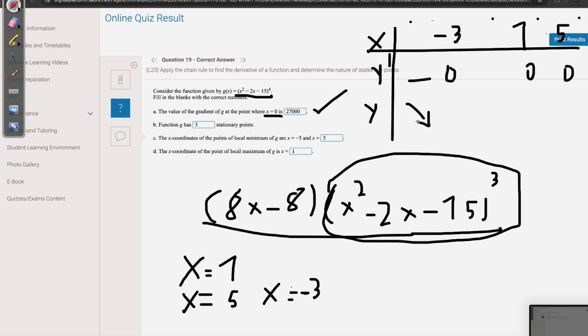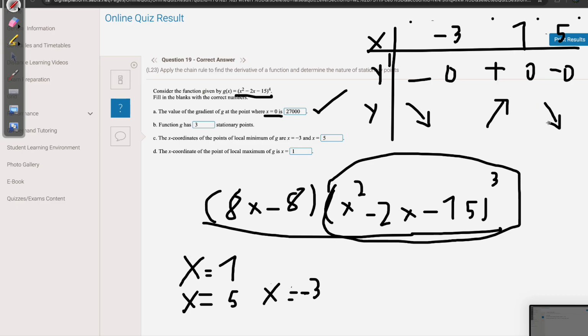Then between negative 3 and 1, we'll take 0, which as we said is positive by part A. Then between 1 and 5, let's take 2. So 8 times 2 minus 8, all of that multiplied by (2 squared minus 2 times 2 minus 15), all of that cubed, which will give us negative. So here positive, here negative, so here it goes down.